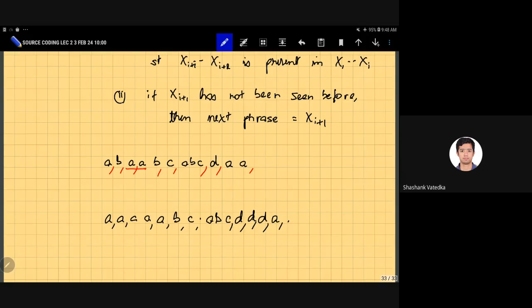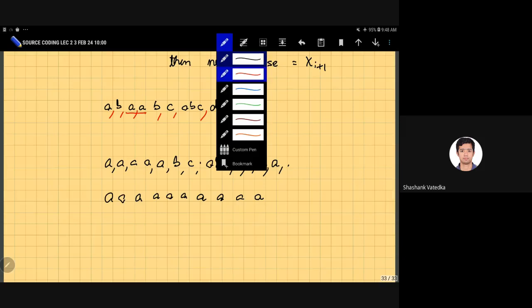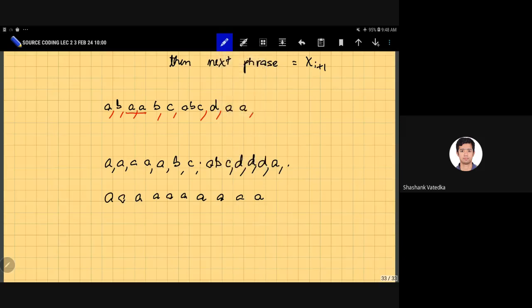Okay, let's take one more example. Say we have this: A, A, A, A, A, A, A, A, A. Okay, so you have full repetition. What is the first phrase?